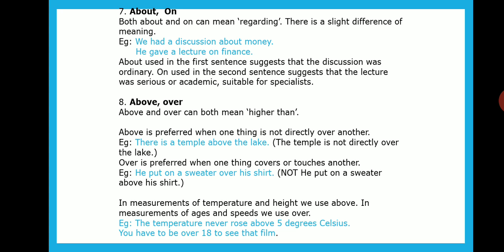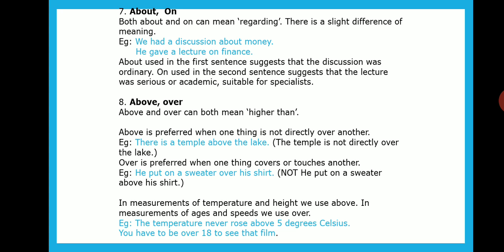We had a discussion about money. He gave a lecture on finance. The first one suggests that the discussion was just ordinary, but the second sentence suggests that it is highly serious, academic and suitable only for specialists. Eighth one, above and over.